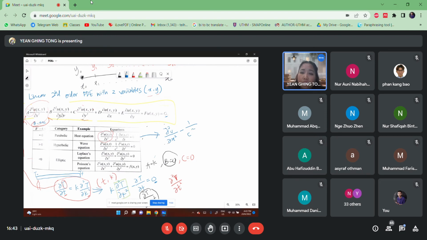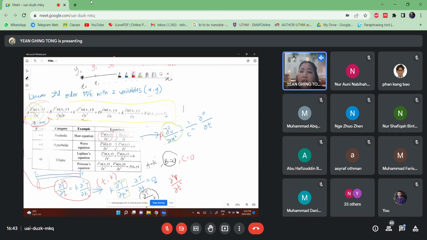Here is del U over del T. Okay, kalau saya tengok sini, ini kan, this one, you look at this one over here. Dia adalah same. Del U respect to X square. Okay, so that means kat depan ni this is a A.